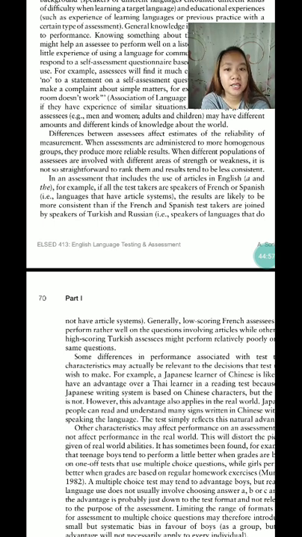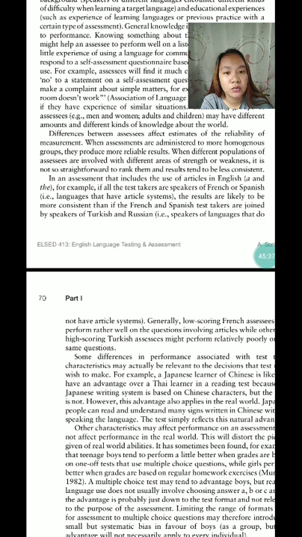Differences between assessees affect estimates of the reliability of measurement. When assessments are administered to more homogeneous groups, they produce more reliable results. When different populations of assessees are involved with different areas of strength or weakness, it is not so straightforward to rank them, and results tend to be less consistent.